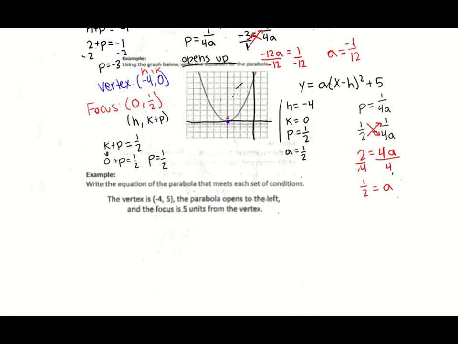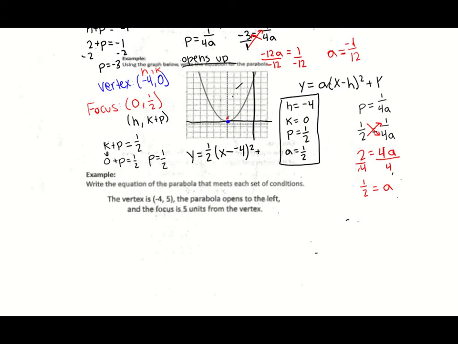So now I have all of my parts. I can just plug in my information. So I will write my final equation right down here at the bottom. I know y equals a, which is 1/2, times x minus h, which is -4, plus, and I don't know why I wrote a 5 up here.